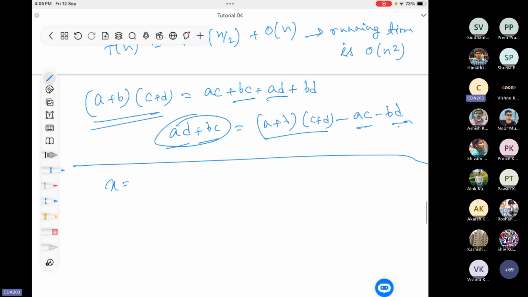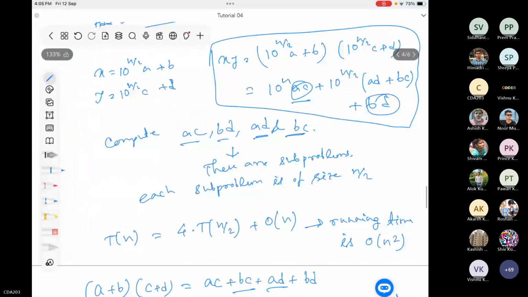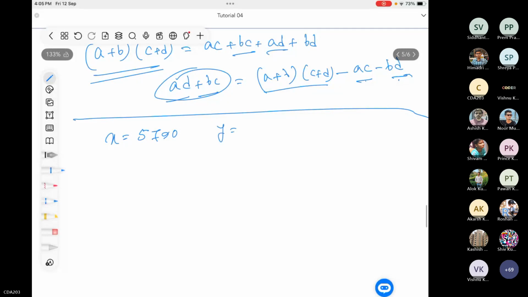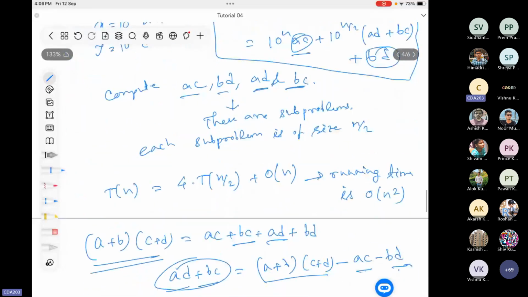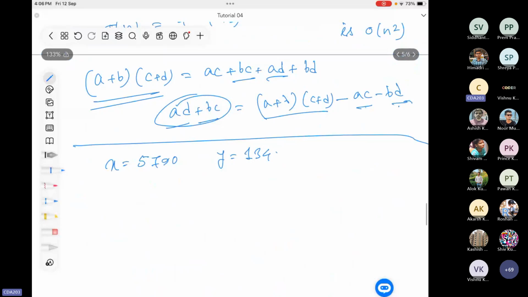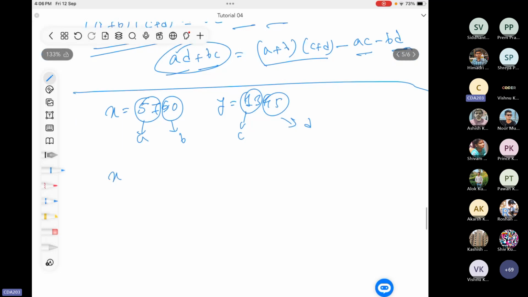What are the numbers? 5790 and 1345. First we compute this as A, this as B, this as C, this as D. So we get xy equal to 10 to the power 4 AC plus 10 square AD plus BC plus BD.